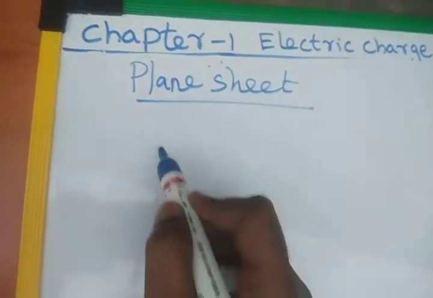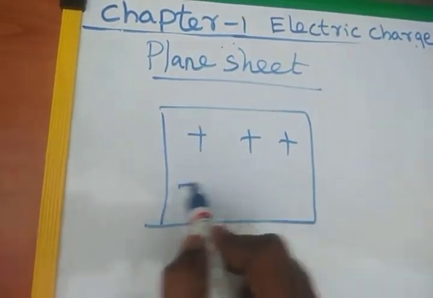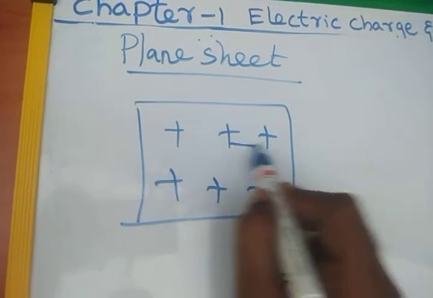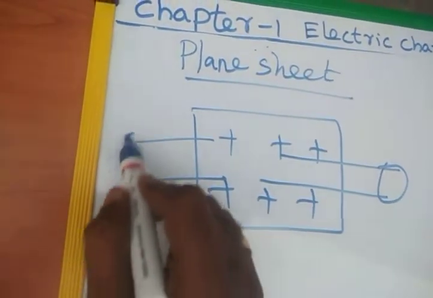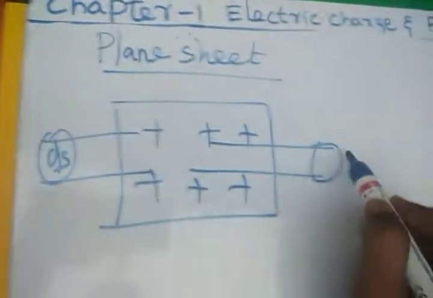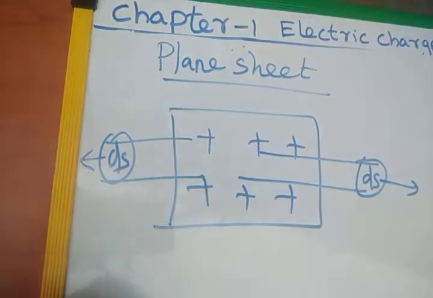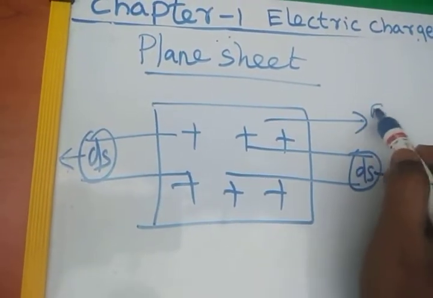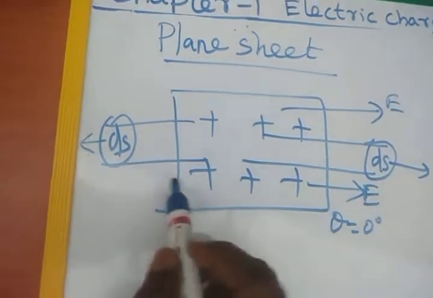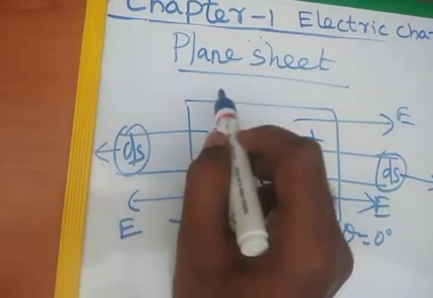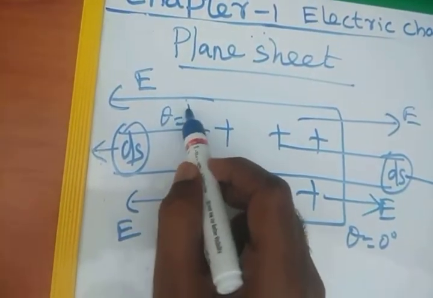Another important thing is the electric field of a charged plane sheet. For the charged plane sheet, we have a lot of charges on the sheet. The Gaussian surface will be assumed on both sides. This is a small surface dS. The surface vector will always be outwards, and the electric field lines are also outwards, so theta is equal to 0 degrees.